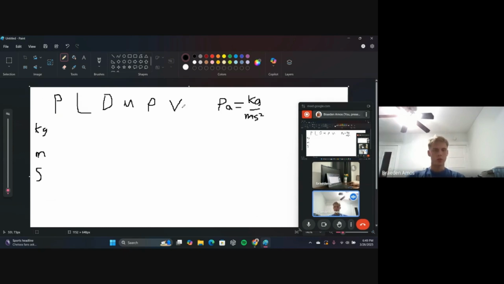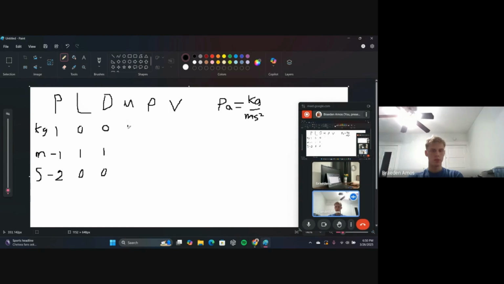So from this, we have kg on top, so that'll be 1, meters on the bottom, that'll be -1, and second squared on the bottom, so that'd be -2. L is related to meters only, that'd be 0, 1, 0. D, same thing pretty much.